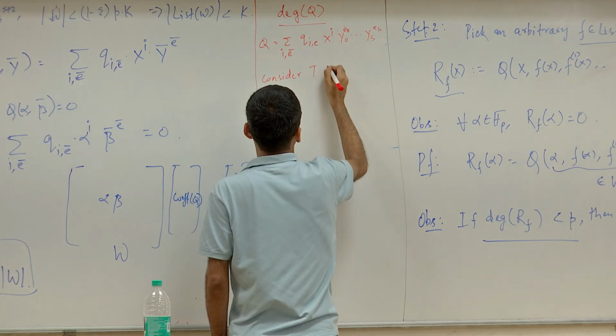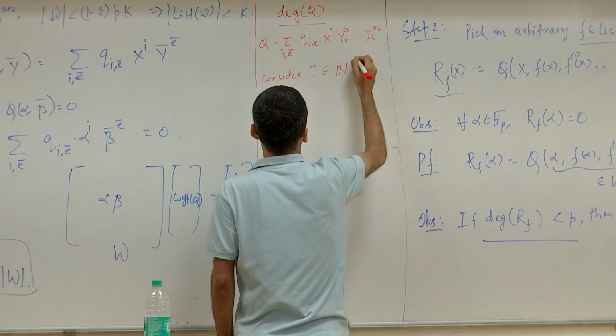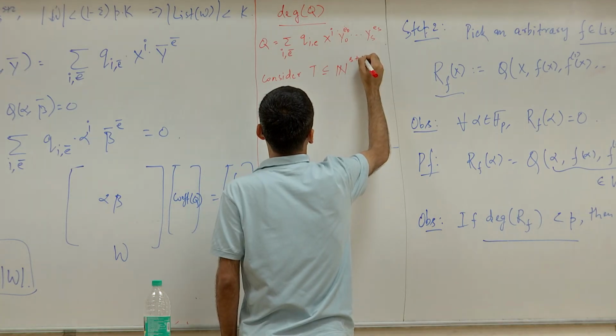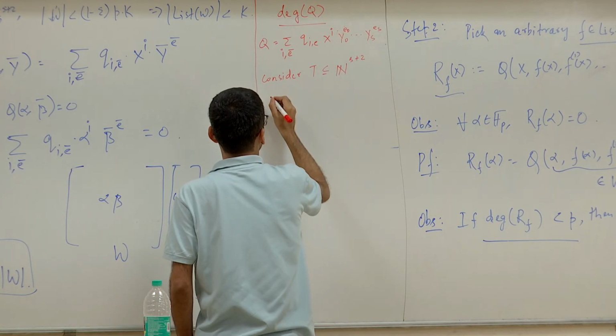T, it's going to be a subset of the natural numbers to the s plus 2, defined as follows.